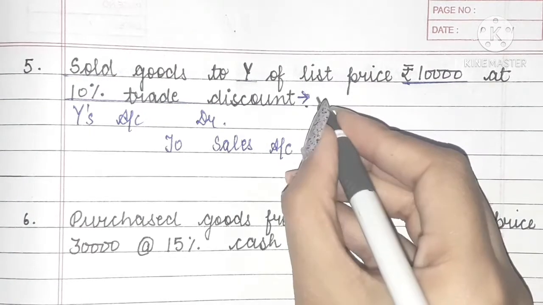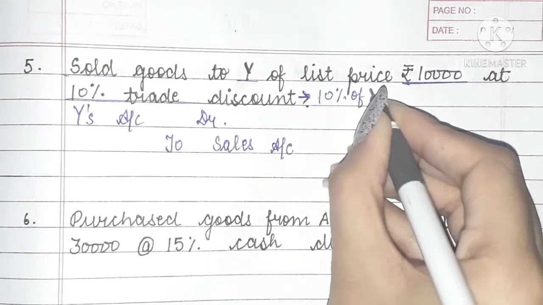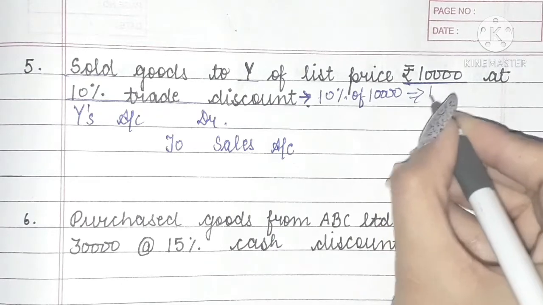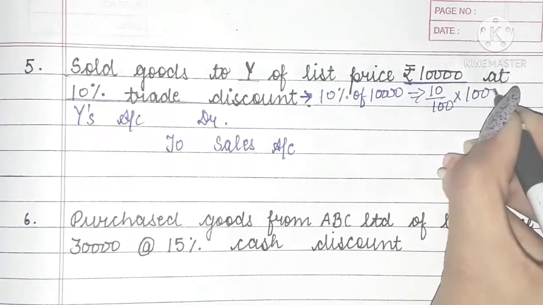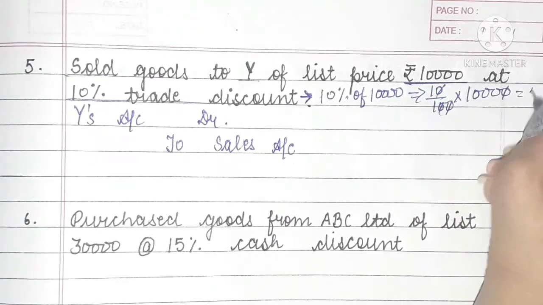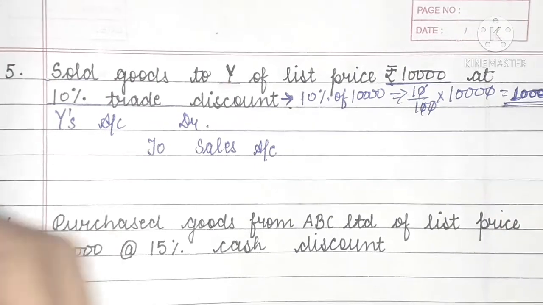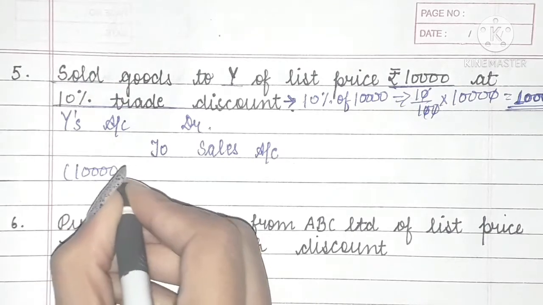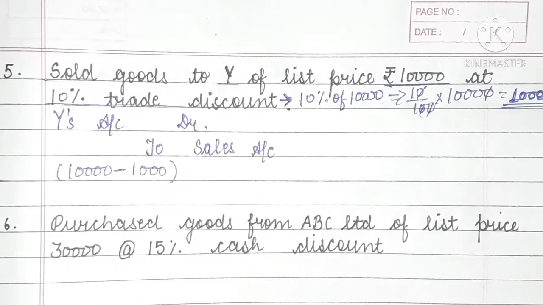Here we'll calculate the 10% of 10,000. That is 10 upon 100 into 10,000, which is 1,000 rupees. What we'll do with this 1,000 is subtract it from the 10,000, which is the actual price.